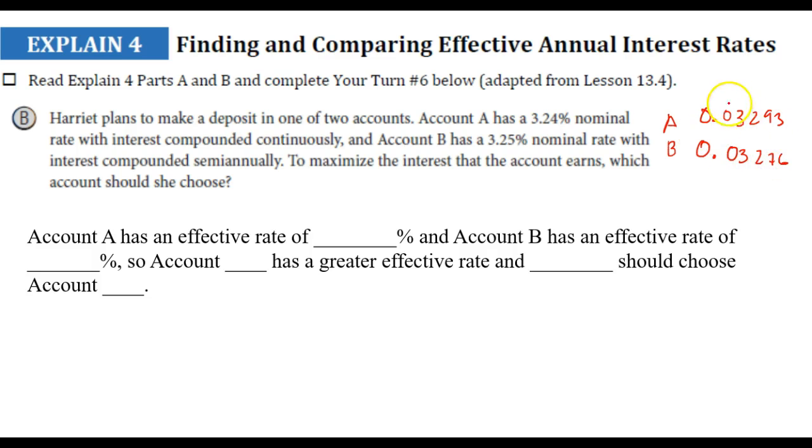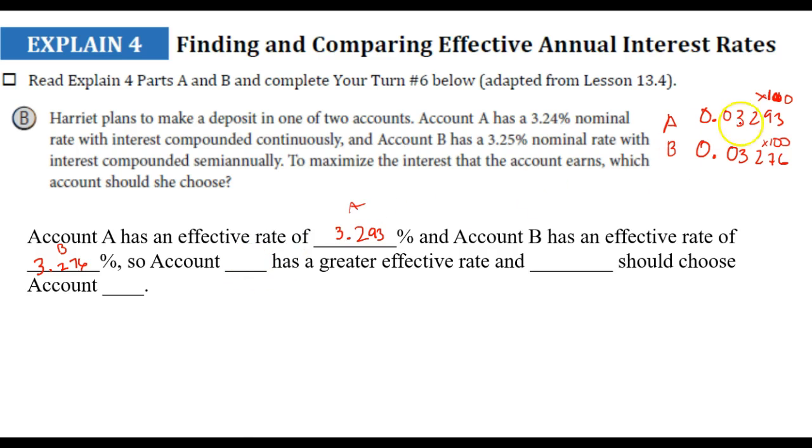We can change each of these into a percent by multiplying by 100. Take some time to do that for account A and for account B. That should yield about 3.293% for A, whereas B would be 3.276%.